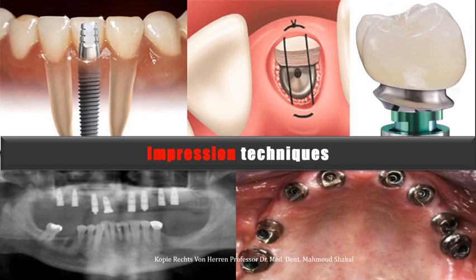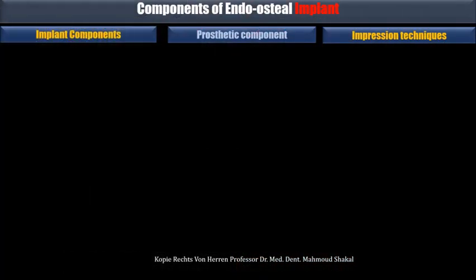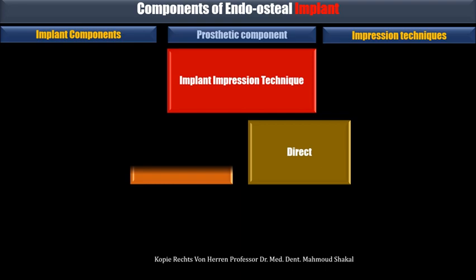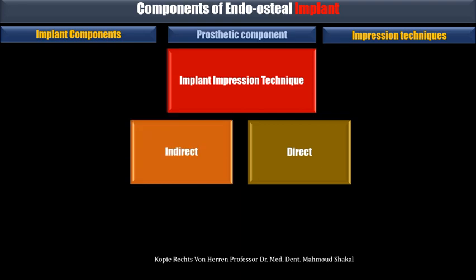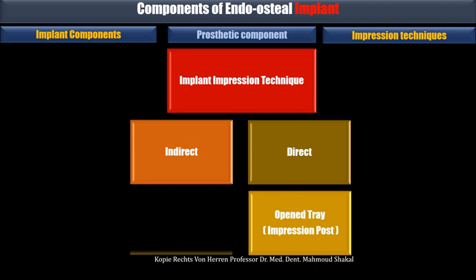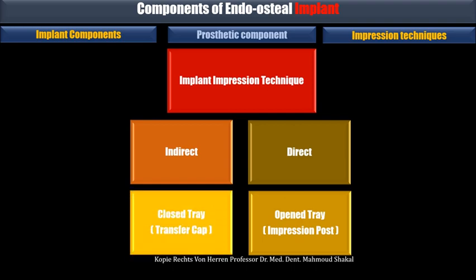Now we go for the impression techniques. For the implant impression technique, you would have indirect and direct. The indirect method is called the closed tray transfer cap. Direct impression is open tray or impression post.